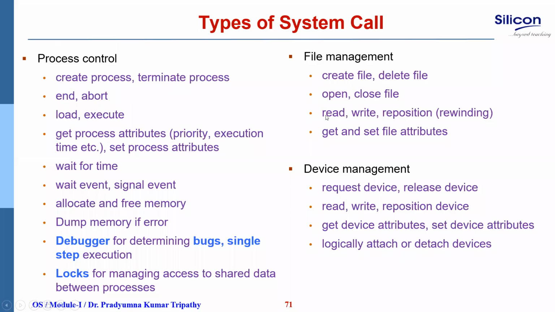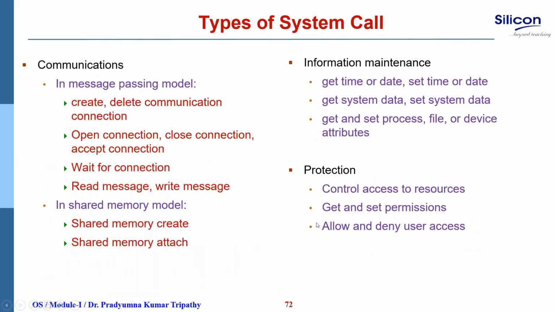These are the system calls required for file management. These are the system calls required for device management: request device, release device, get device attributes. We can also have system calls for communications: create and delete communication connections, open connections, shared memory model, attach shared memory. Information maintenance: get time, set time. And protection, like controlling access to resources: get and set permissions, allow or deny resources.